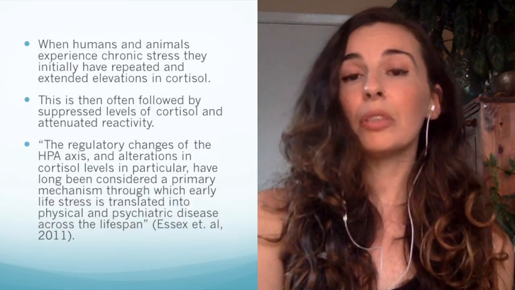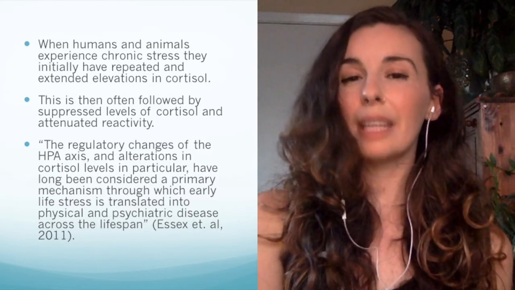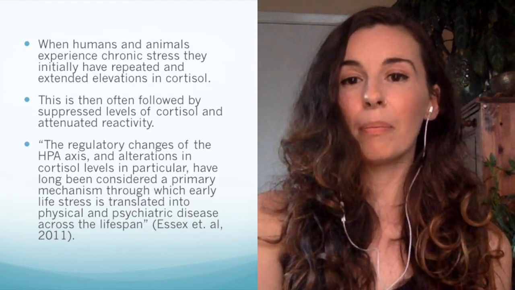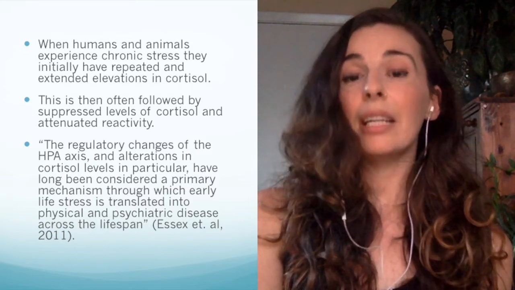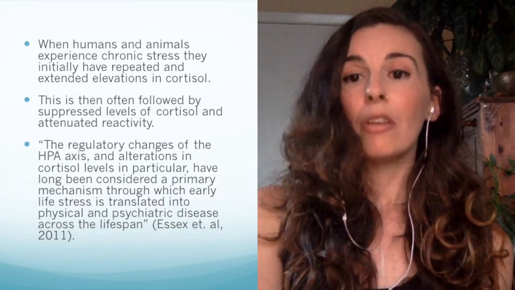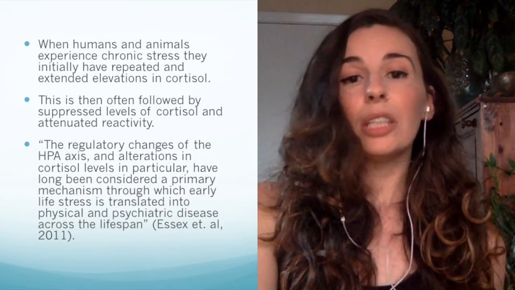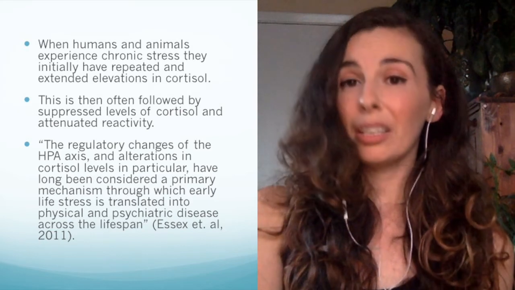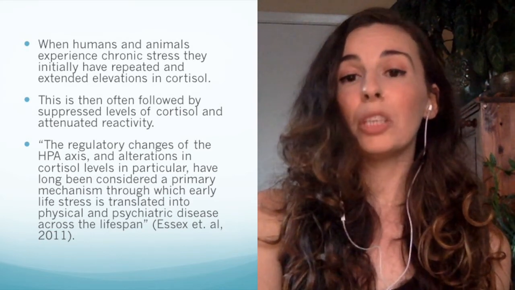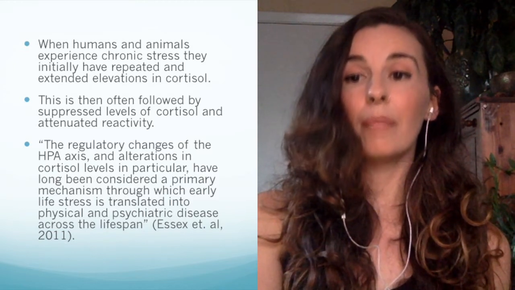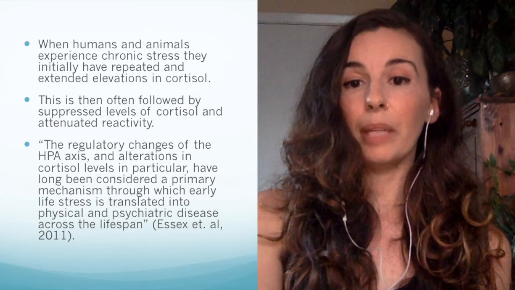When humans and animals experience chronic stress, they initially have repeated and extended elevations in cortisol. This is then often followed by suppressed levels of cortisol and attenuated reactivity. The regulatory changes of the HPA axis and alterations in cortisol levels in particular have long been considered a primary mechanism through which early life stress is translated into physical and psychiatric disease across the lifespan.